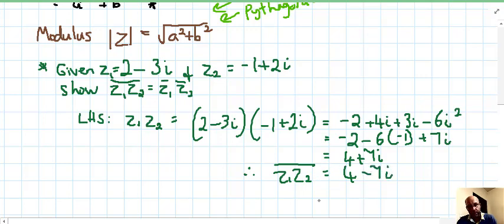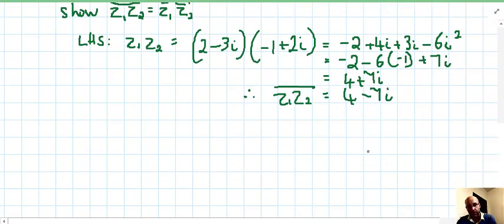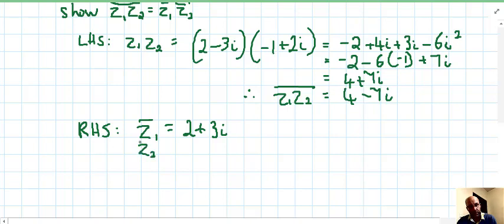Okay, so now let's look at the right hand side. It should match what we've got there. The first thing we need to do when dealing with the right hand side is work out each complex number as a conjugate. So z1 conjugate is 2 plus 3i, and z2 conjugate is -1 minus 2i.